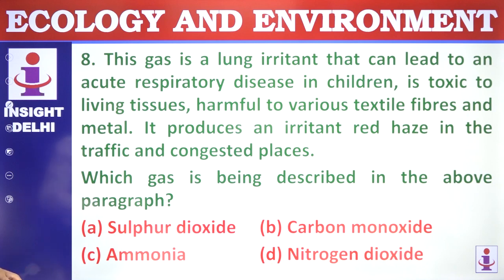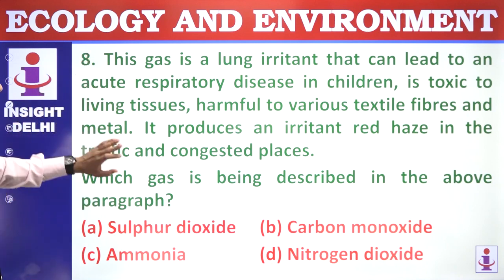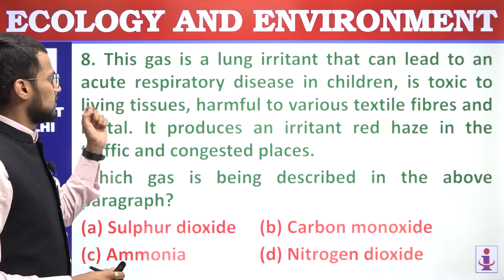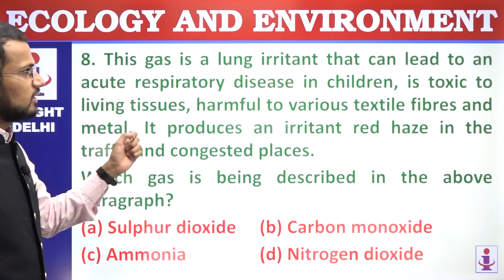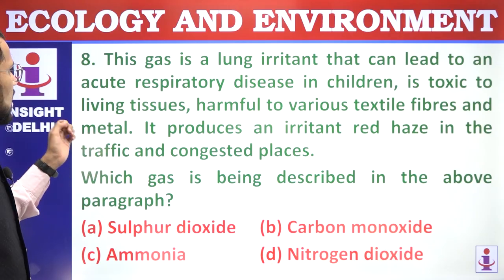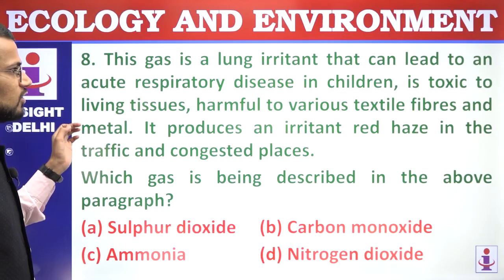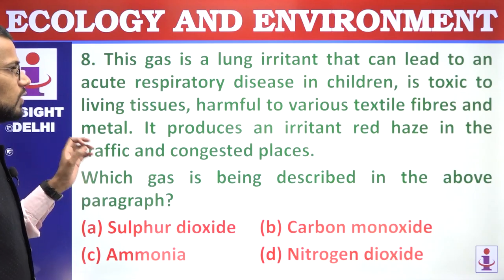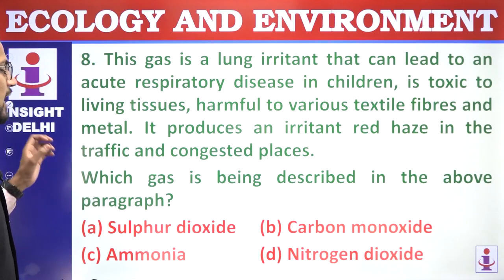Eighth. Now, based on the explanation, we are supposed to find out the gas explained in the statement. This gas is a lung irritant that can lead to an acute respiratory disease in children, is toxic to living tissues, harmful to various textile fibers and metal.